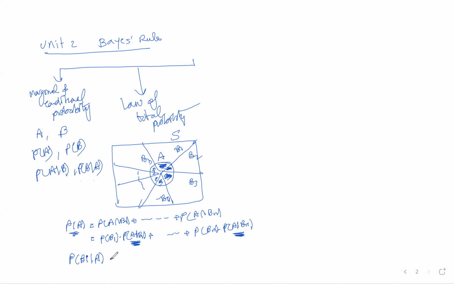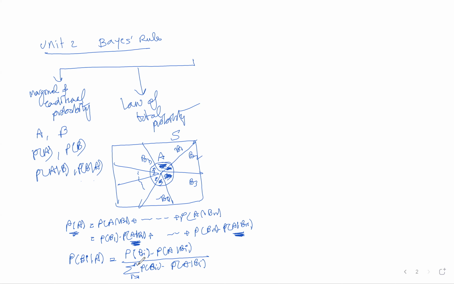So this one equals what? It equals the probability of Bi times the probability of A given Bi, divided by the sum over all of them, the sum over i equal 1 up to n of the probability of Bi times the probability of A given Bi.